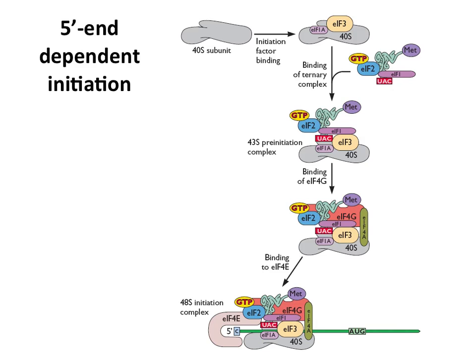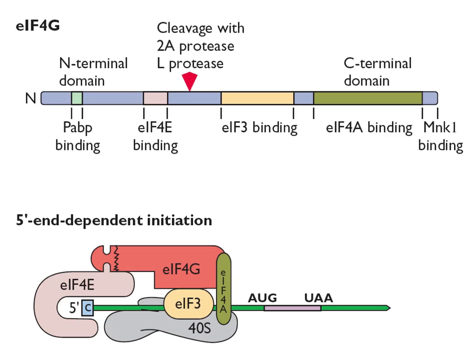And let's take a look at this EIF4G a little bit. This is a very large protein, about 220 or 250,000 Daltons, pretty big. Largely discovered because it is modified in virus-infected cells. Discovered a number of years ago because it was modified, as you'll see later. As I said, it's this red protein that links the cap-binding protein with the 40S subunit. It doesn't bind the 40S directly, but through another protein called EIF3. And it's got a number of domains in it.